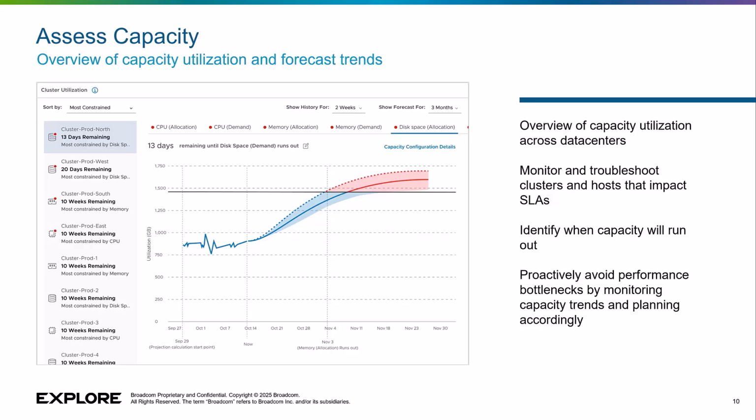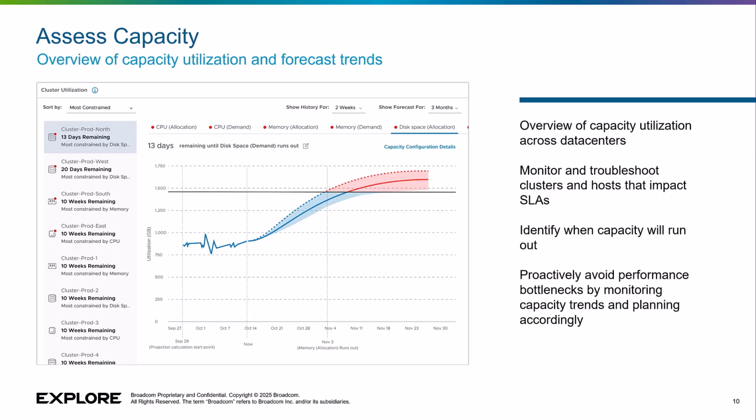Then you also get optimization recommendations, which show the number of reclaimable VMs and the associated cost savings. Along those same lines, you're able to view reclaimable VMs, which allows you to navigate to the reclaim page to start that reclamation process. We're going to be covering that in more detail later as we talk about optimization.